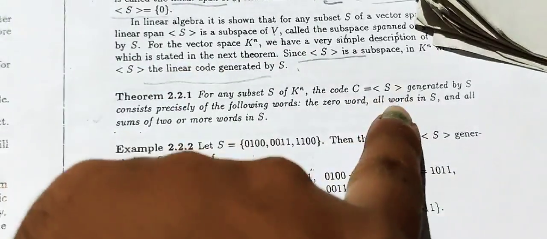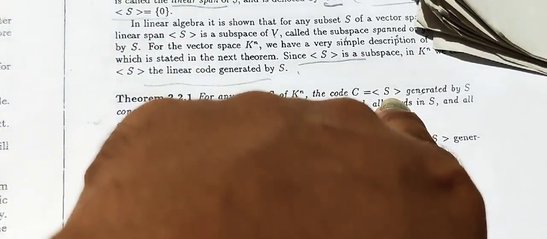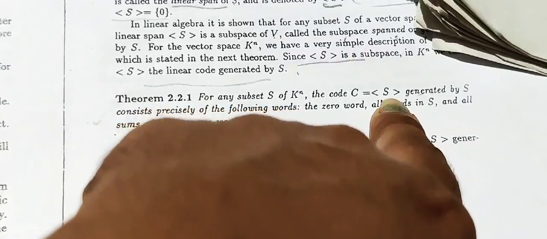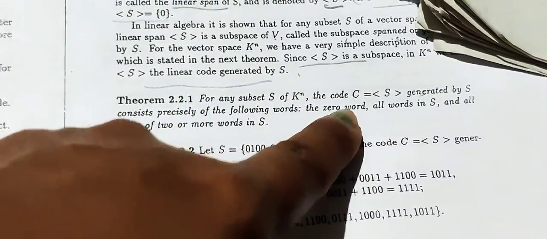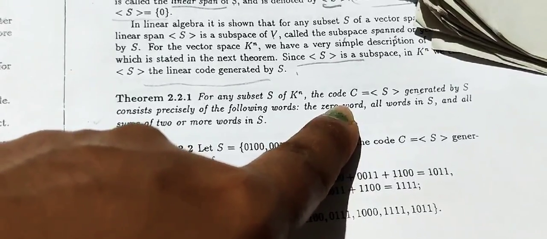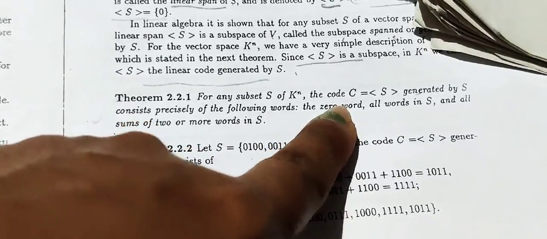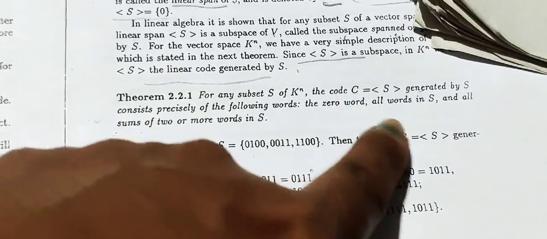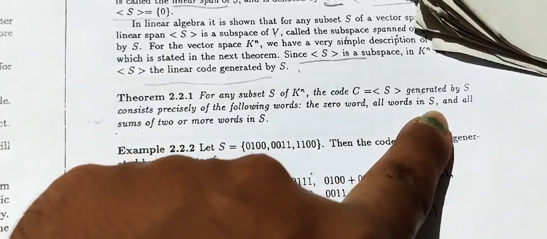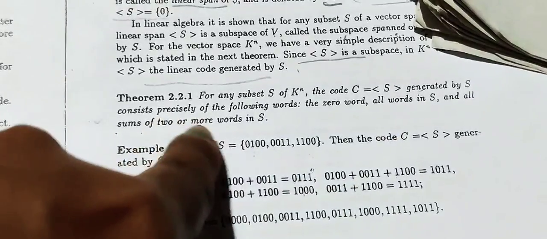C is a code which is equal to the span S generated by S. So what will be there? The zero word must be there. We said every linear code must contain the zero word. So the zero word will be there, all words in S, and all sums of two or more words in S. Okay.